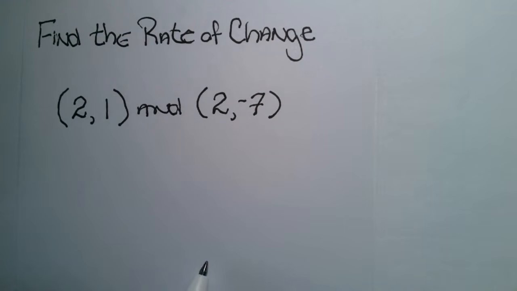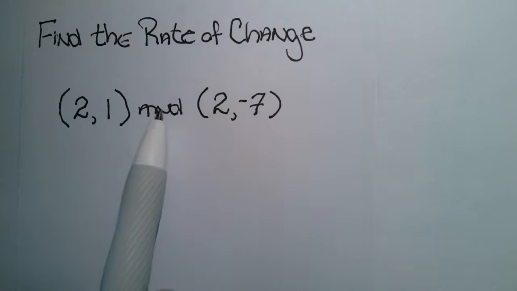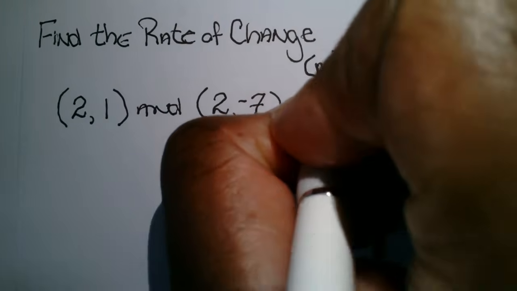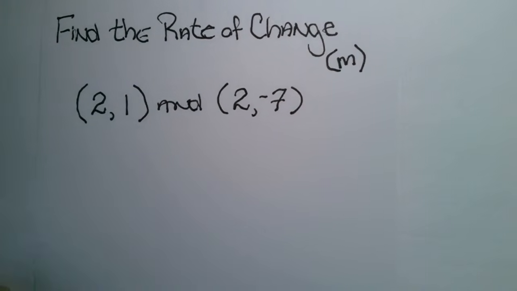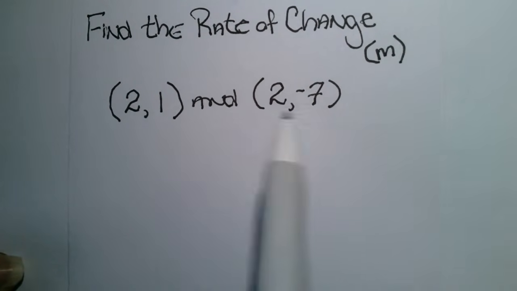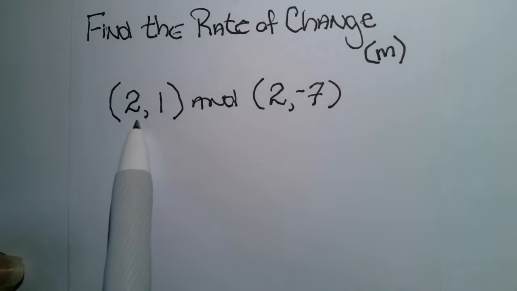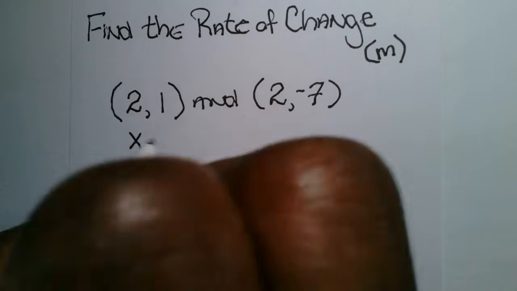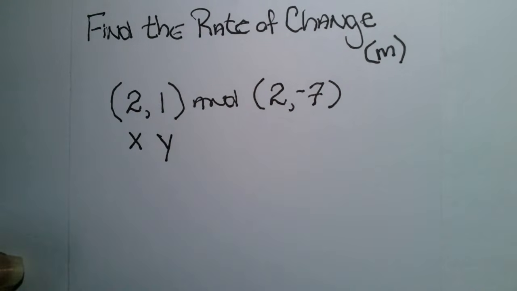Alright. Now, rate of change. That's AKA slope. So that's your rise over your run. We have 2 points here. Reading from left to right, anytime you see a point, you have your x value, then your y value.